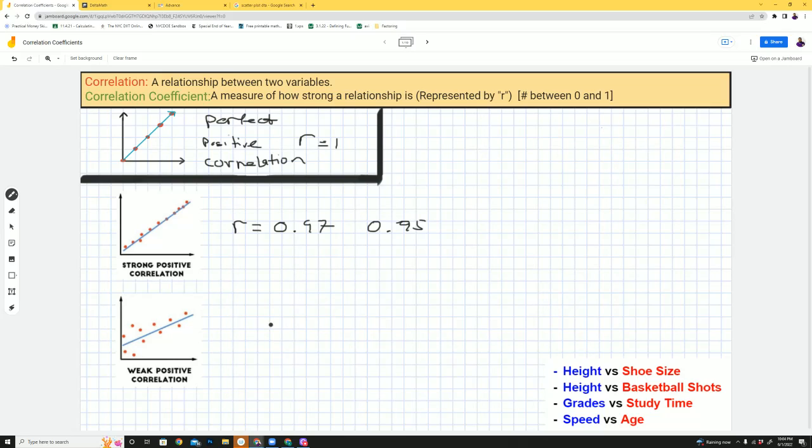Here we have a weak positive correlation. It's still showing a positive correlation, but it's not strong, so it's going to be a lot closer to 0. For example, this could be r equals 0.10, or maybe r equals 0.20. These numbers are lower and closer to 0, so these are weaker positive correlations.